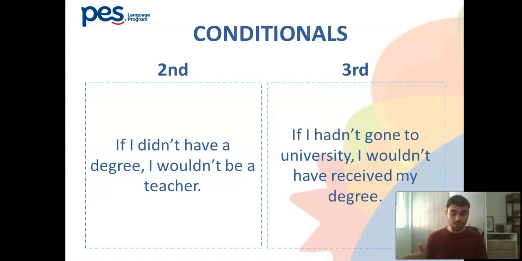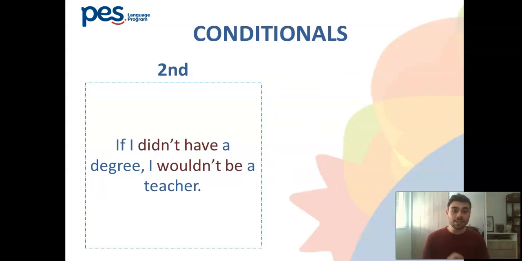So, two examples. Let's analyze the structure of these two examples. In the second conditional, we have if I didn't have, so if plus simple past, and the second part is would plus a verb. This is the classic second conditional.